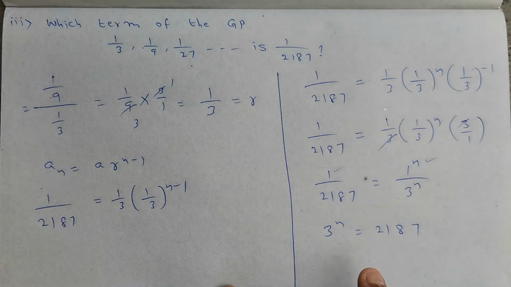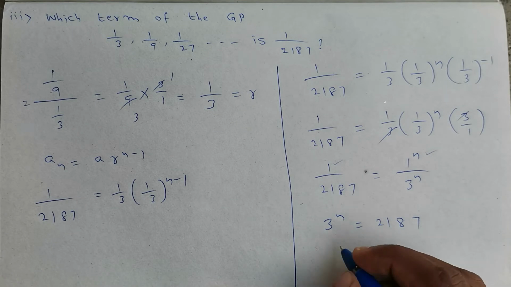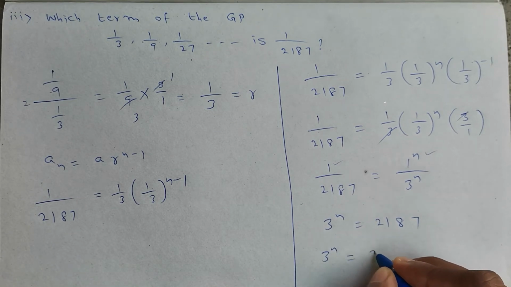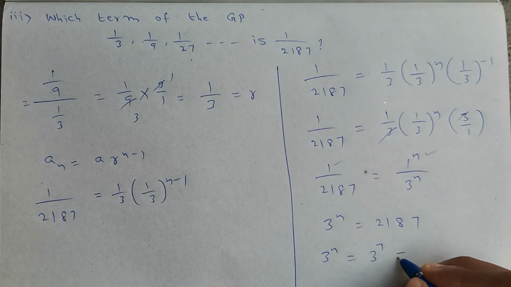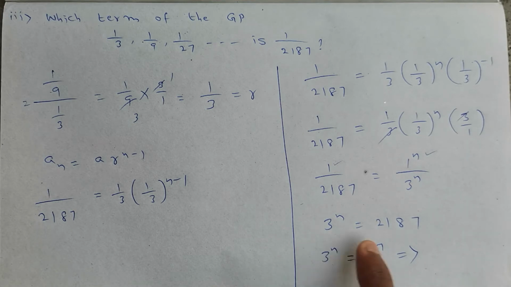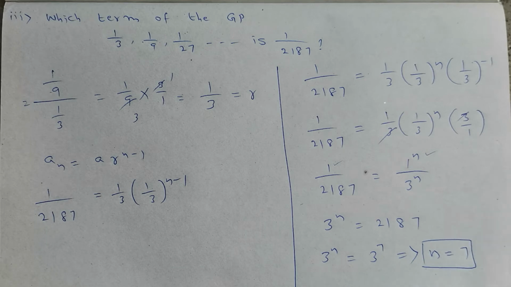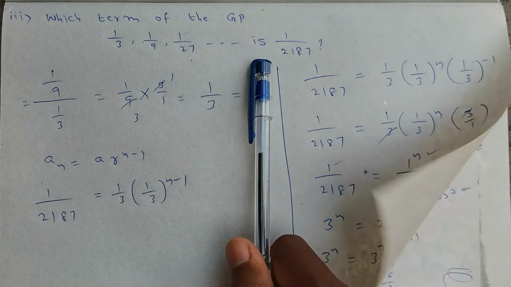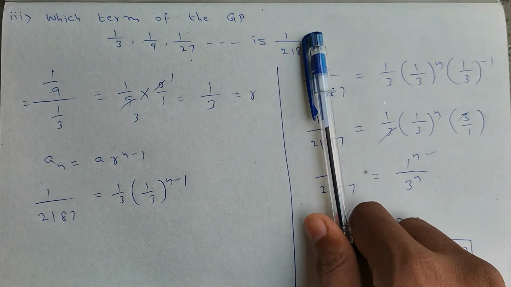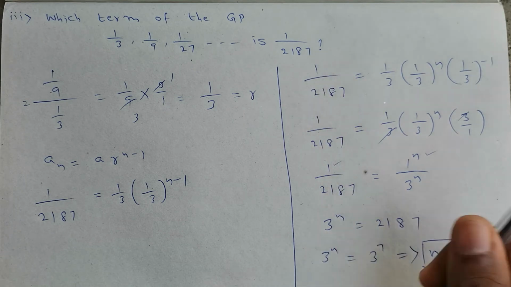Now here 3 is there, means 2187 also can compulsorily be written as a power of 3 only. So 3 power n is equal to 3 power 7. Bases are equal, powers are also equal, so n is equal to 7. The seventh term of the GP is 1 by 2187.